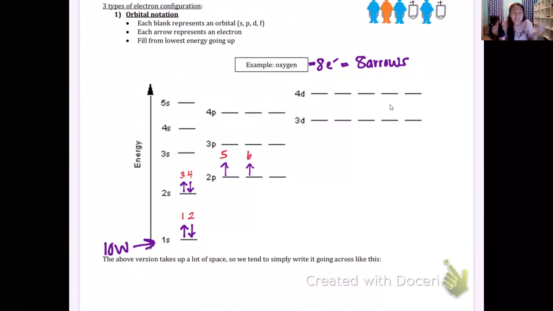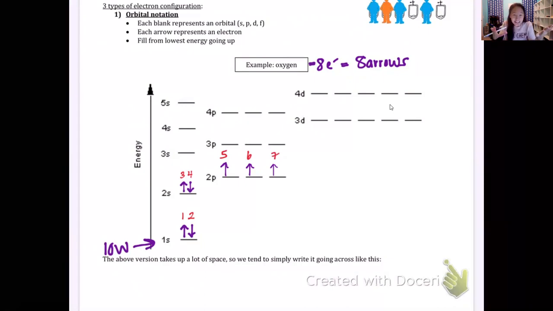Then where does electron 7 go? Is it going to go here? No, because it wants to be in a bedroom all by itself, right? So where is it going to go? It's going to go in the next available one, which is over here. So that is where electron 7 is, okay?